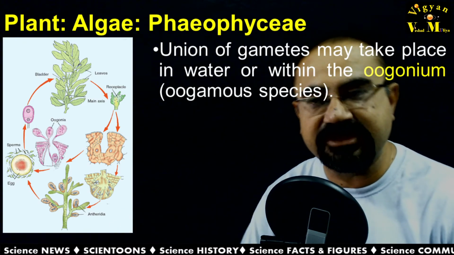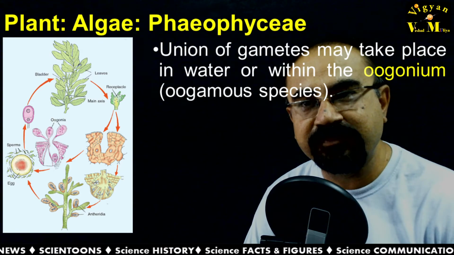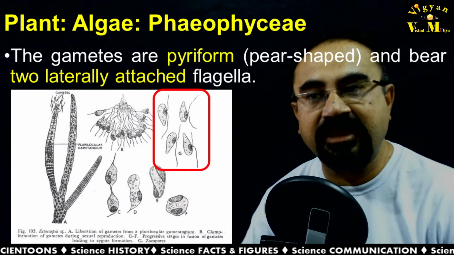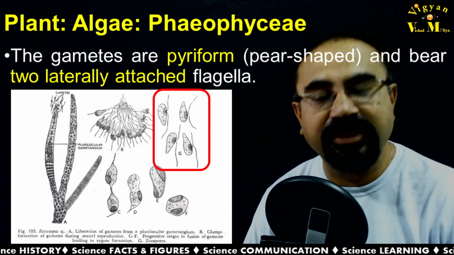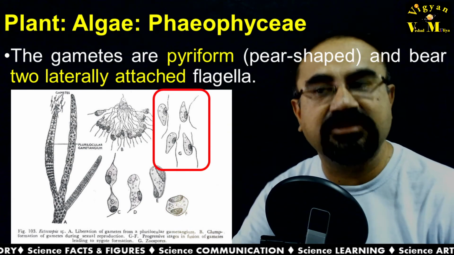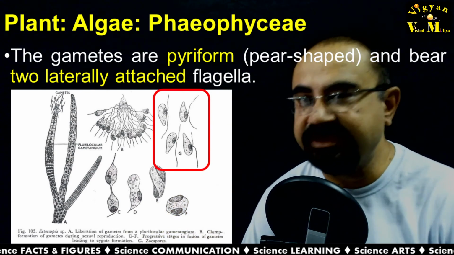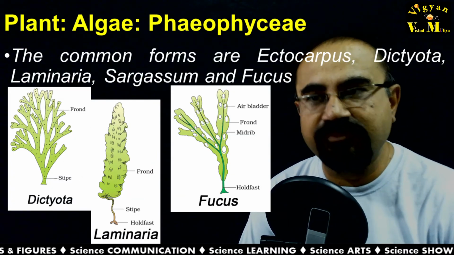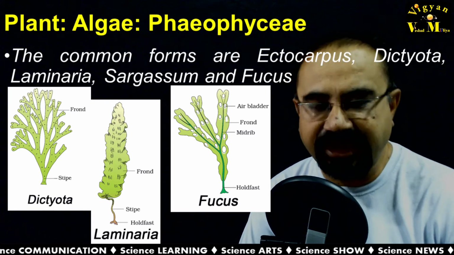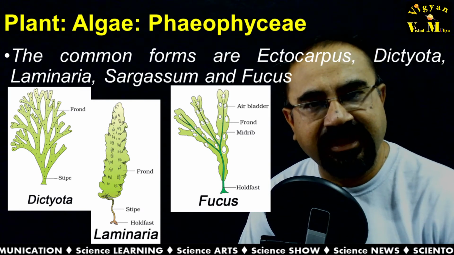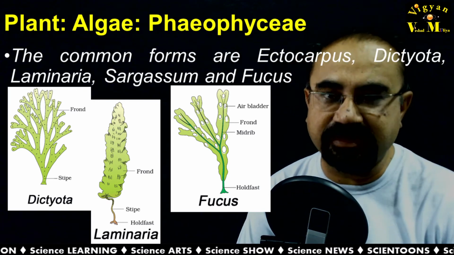These gametes are pyriform, that is pear shaped, and have two laterally attached flagella that can be seen here. The common forms of the Phaeophyceae are Ectocarpus, Dictyota, Laminaria, Sargassum and Fucus.